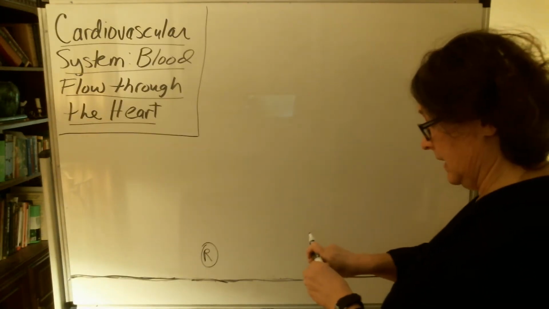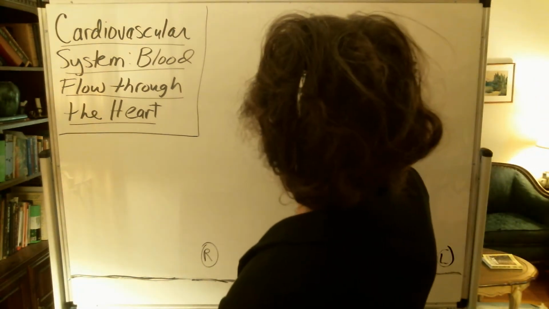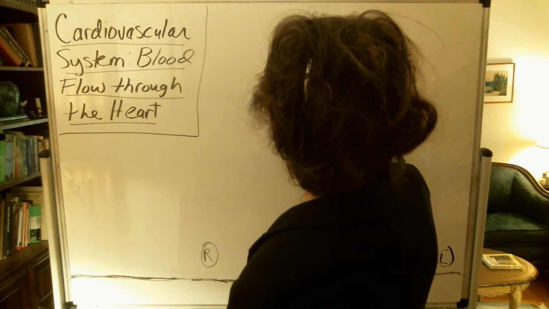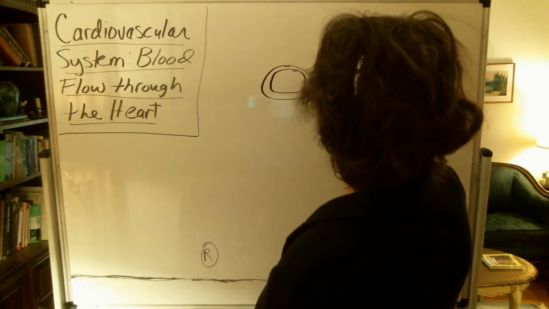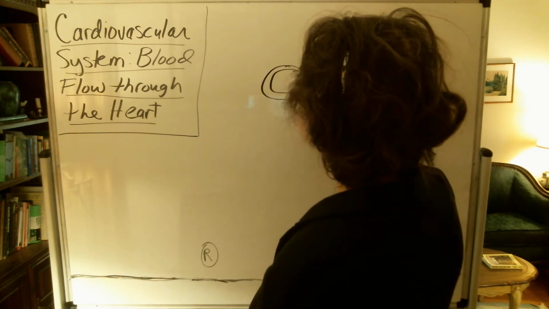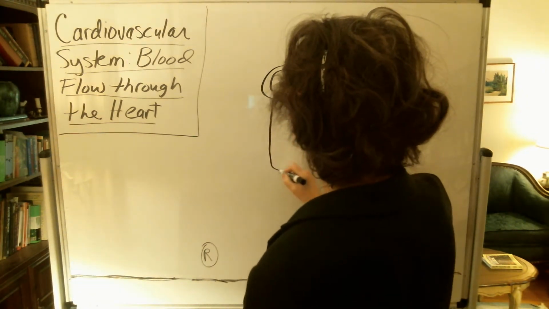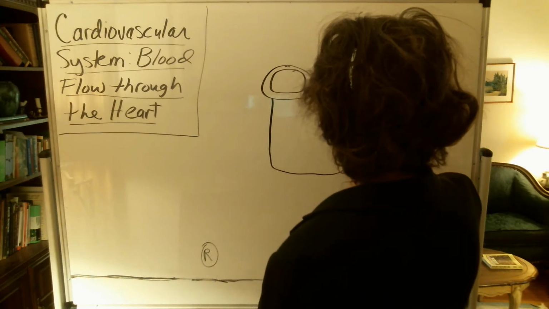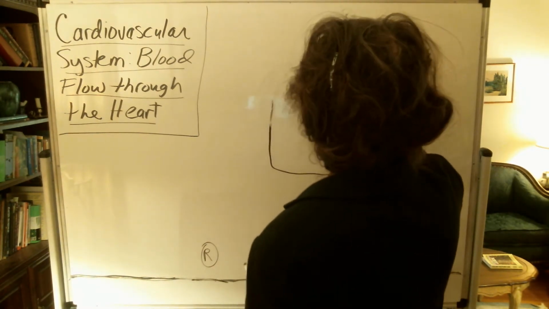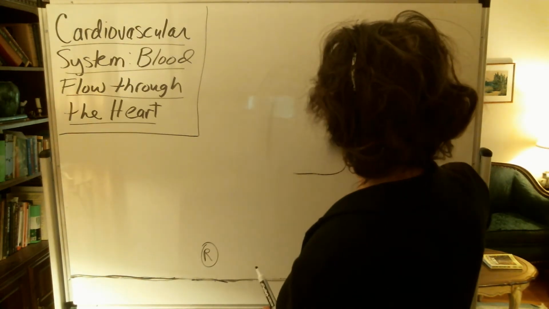I'm going to draw my heart diagram here. So here we have the two atria. I'm giving some room so that I can label things. Move that down a little bit, actually. Give myself a little bit more room at the top.